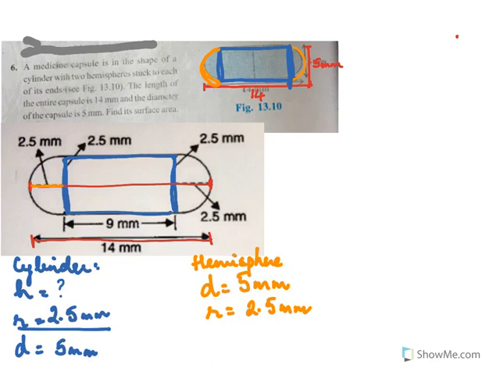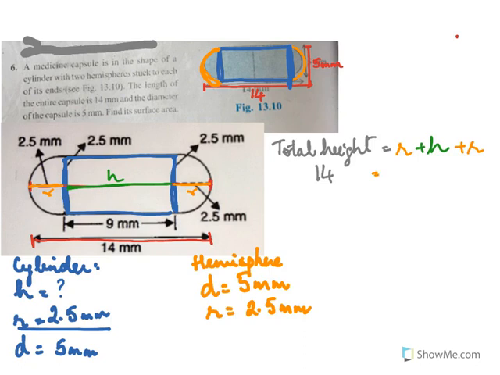One is this radius plus this central height. So the total height, which is 14 mm, is divided into three parts. We have the radius plus the height plus the radius.